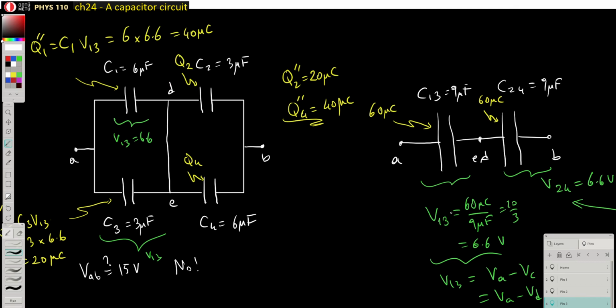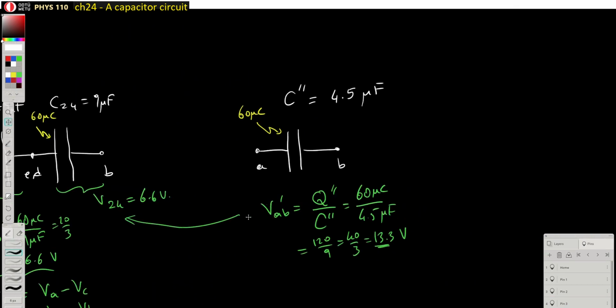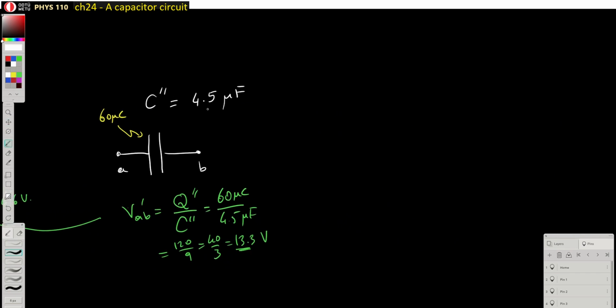I'm going to compute the final total energy now. In the final situation, this is the equivalent capacitance. The potential difference is complicated now, so I don't want to use it, but I know the total charge, so I'm going to use this expression. The final energy is equal to 1/2 of the charge squared divided by the capacitance.